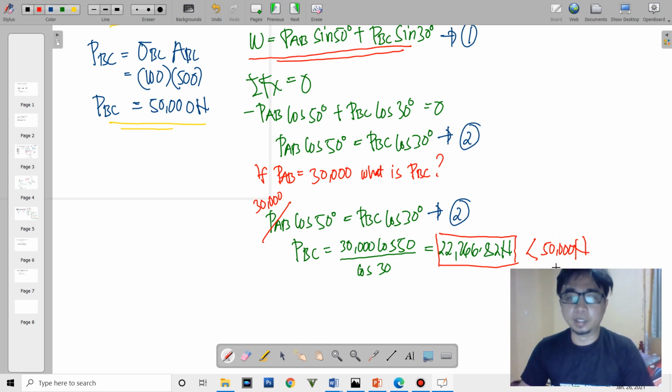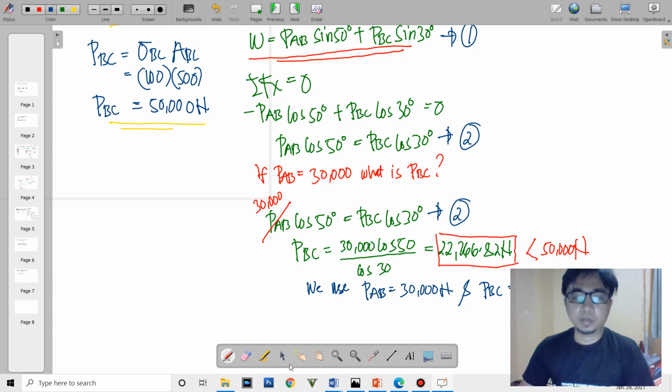That is why we can now conclude that we use PAB, which is 30,000 Newton, and PBC, which is 22,266.82 Newton.